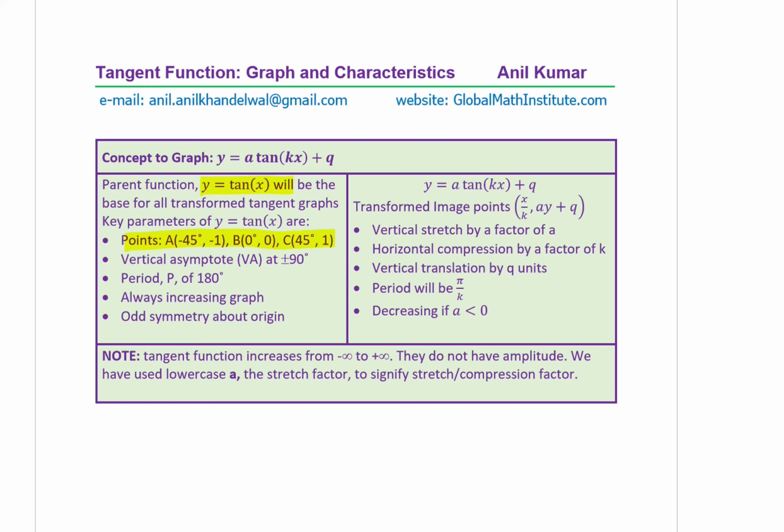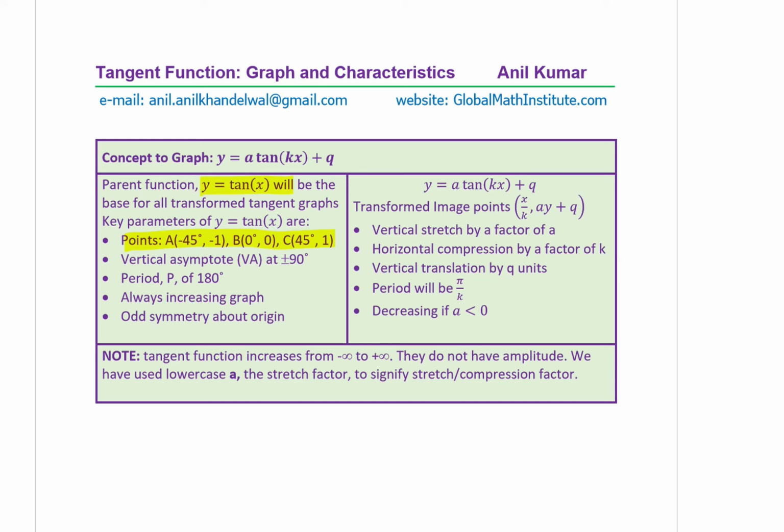So the points to consider are very simple. They're just these 3 points, correct? At minus 45 degrees, we have minus 1 as the tan value. At 0, it is 0. And at 45 degrees, it is 1. So these 3 points are identified on the graph, and their image helps us to find the equation, or if we are graphing, setting those points as the image and connecting them gives us the graph.